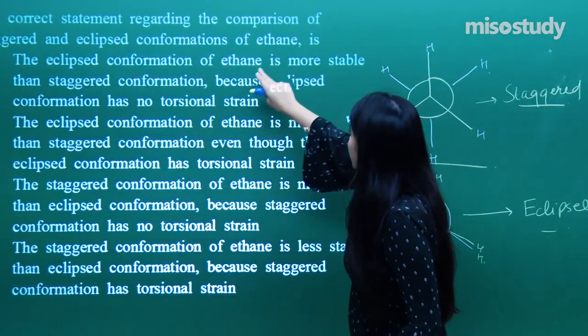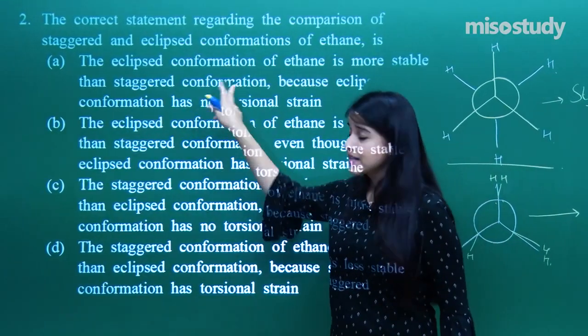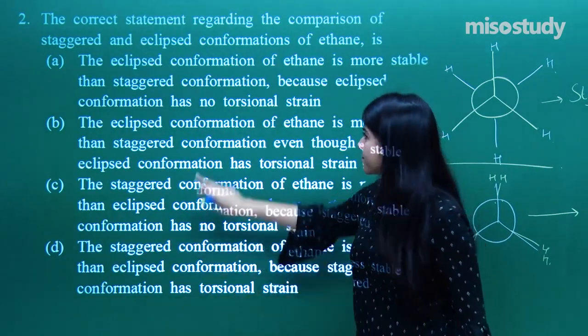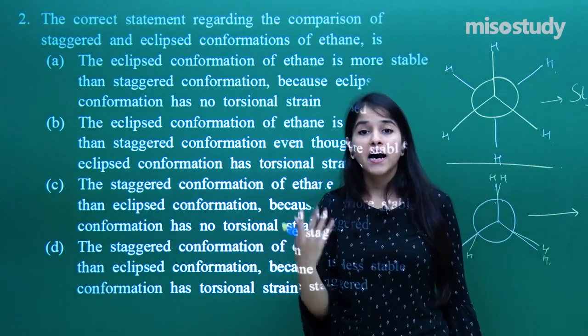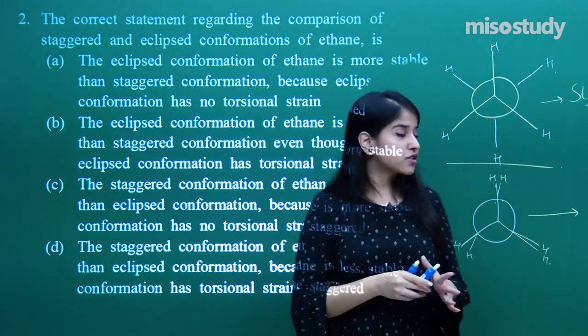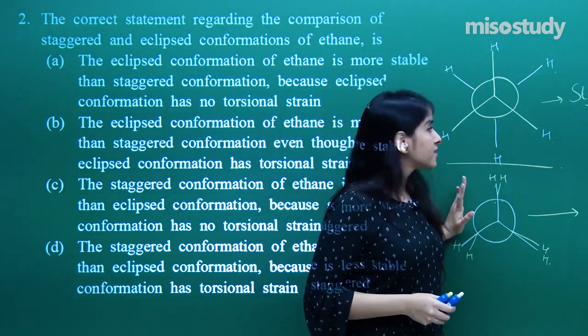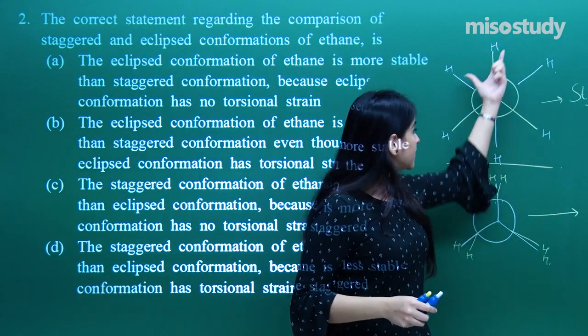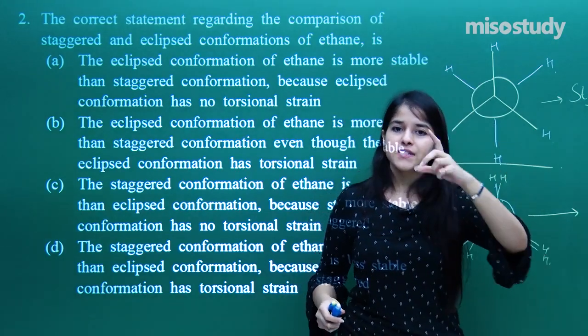The eclipsed conformation of ethane is more stable than the staggered. It cannot be possible. Eclipsed is always the least stable structure, because it has the maximum repulsions as compared to the staggered, which has the minimum, because each and every hydrogen is anti to each other.